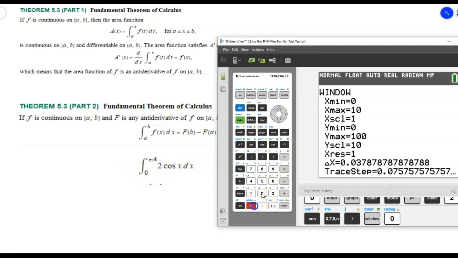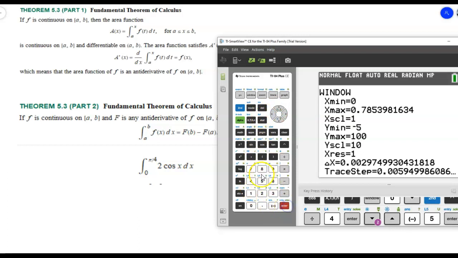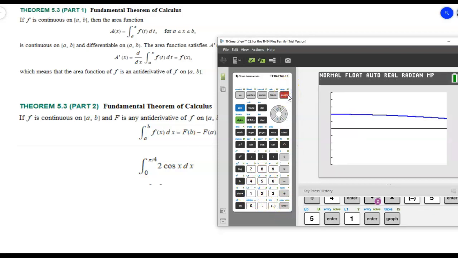So I'm going to go from 0 straight to pi over 4, and for the y's, let's go to -5 to 5. I'm going to show you how that's going to help us here. All right, take a look.